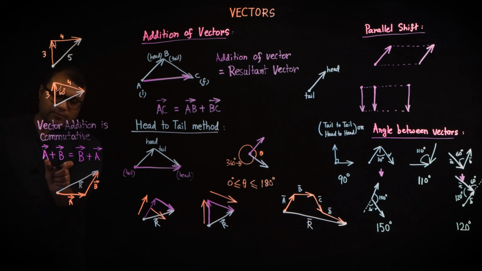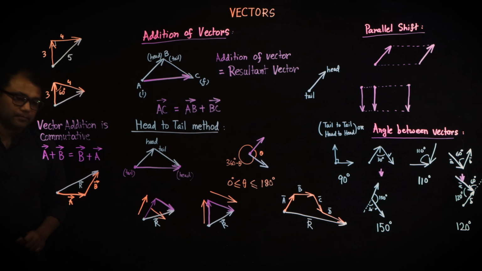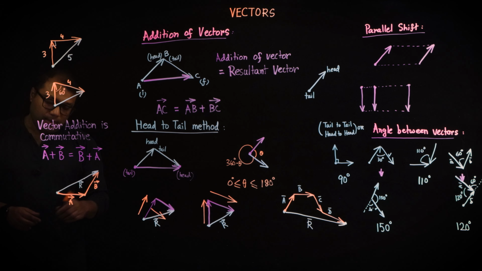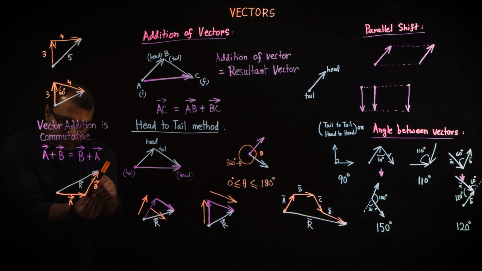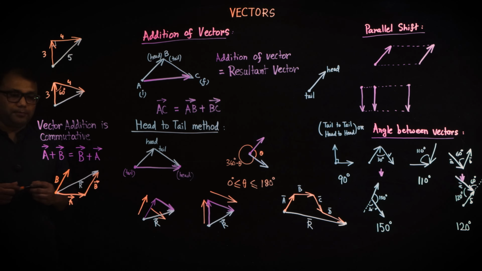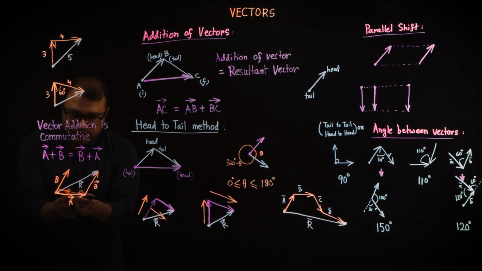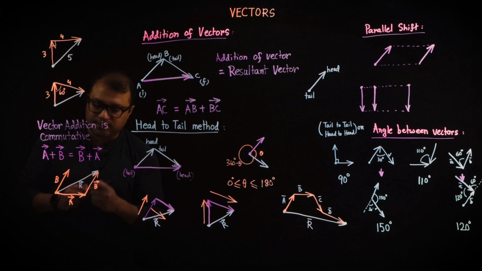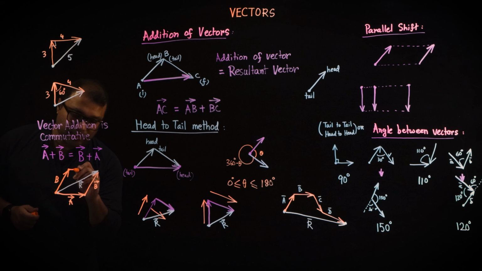So this is where I am computing A, which is the first vector, plus B. Okay? Let's shift the B vector parallelly like this. So it will come somewhere here like this. Okay. And similarly, let's shift A parallelly like this. It will come here like this.